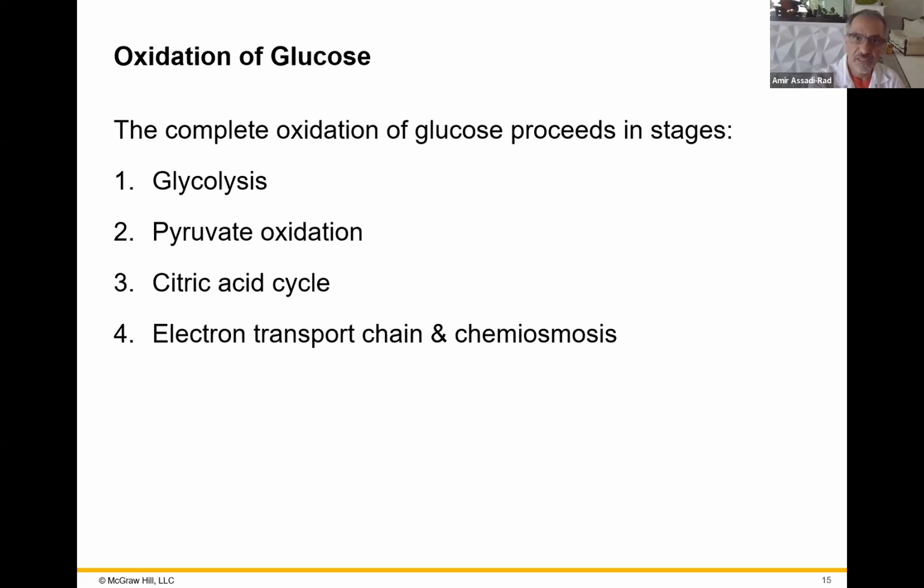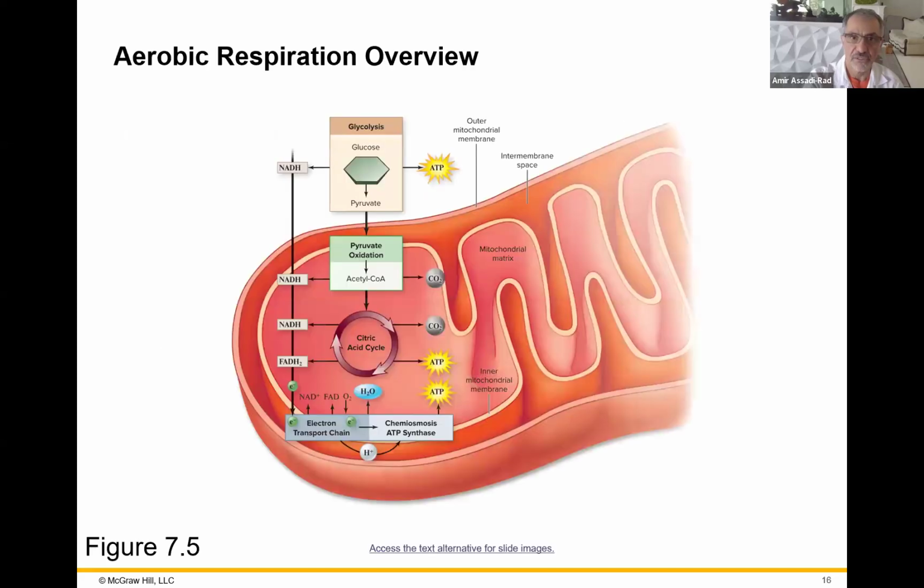The complete oxidation of glucose proceeds in stages: glycolysis, pyruvate oxidation, the citric acid cycle, and the electron transport chain. You will see them step by step with pictures. If it doesn't have pictures, then I'll go get the pictures. Here we go. This is aerobic respiration, which means it needs oxygen. Here's a glucose molecule. It breaks down to pyruvate.